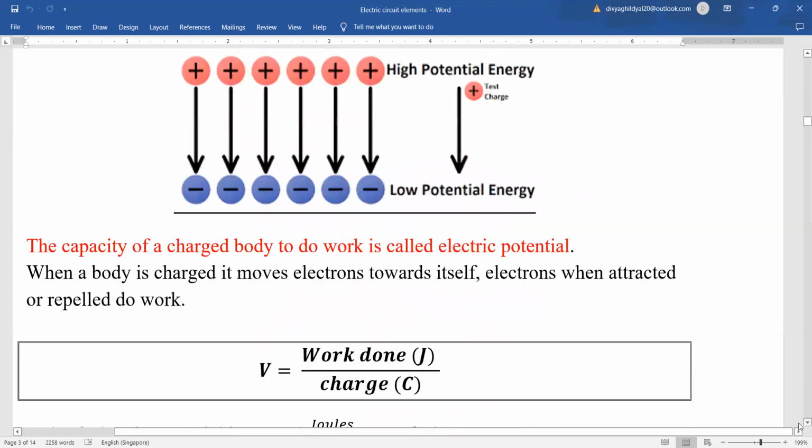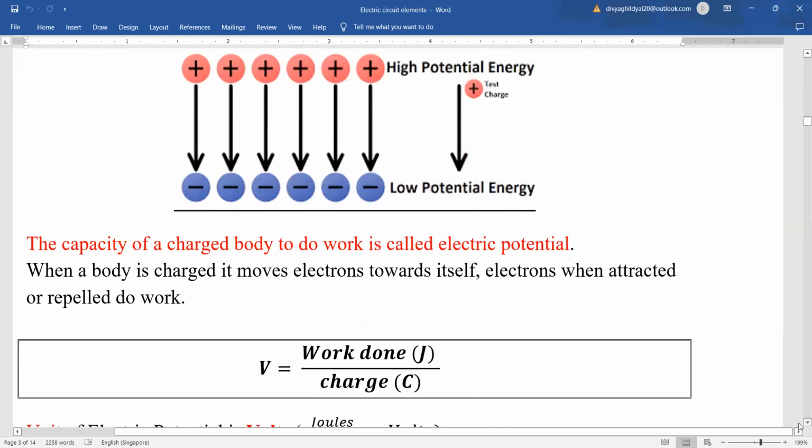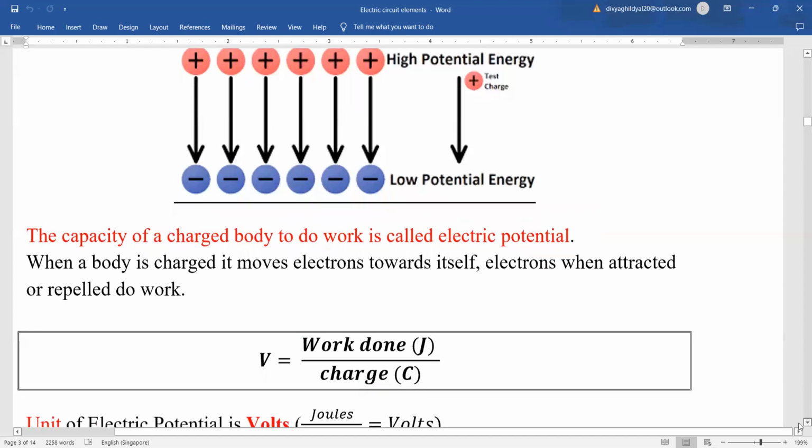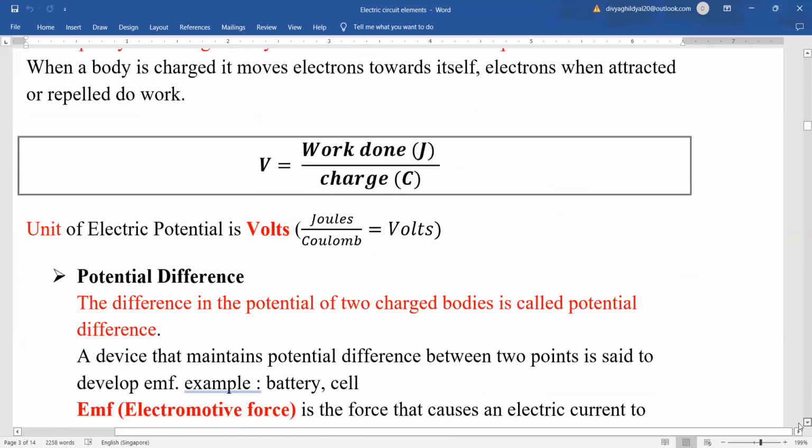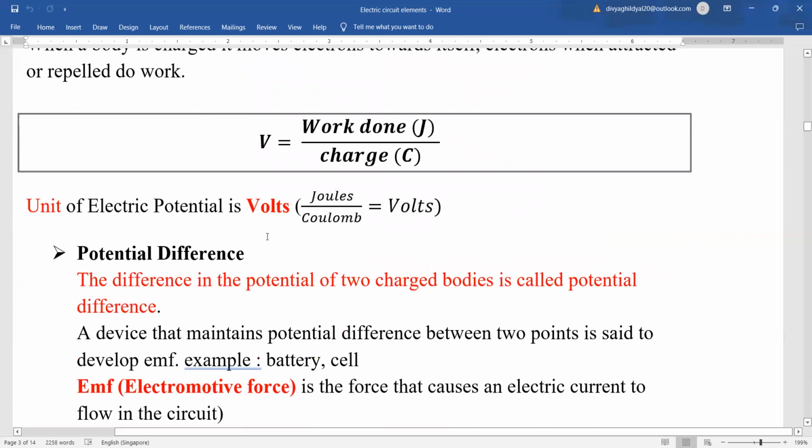So the capacity of a charged body to do work, see, these are charges which are doing work, then this is known as electric potential. So the formula for electric potential is work done divided by the charge involved in it. Unit of electric potential is volts.